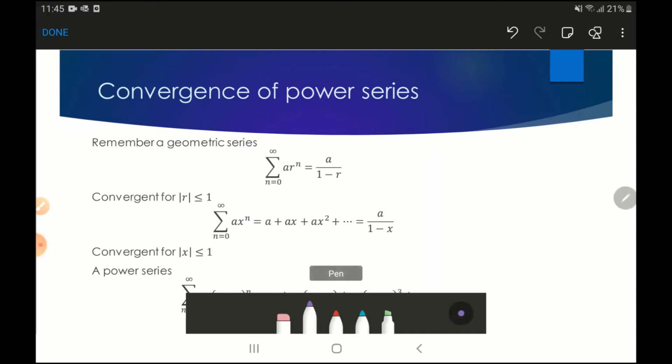So when we talk about convergence of power series, we talk about for what values of x the series converges and diverges. Indeed, a power series may converge for all real values of x, and it may also diverge for all real values of x, but some series converge for some values of x and diverge for others.